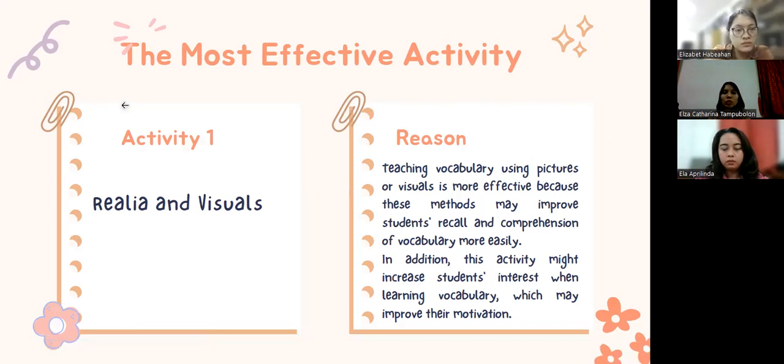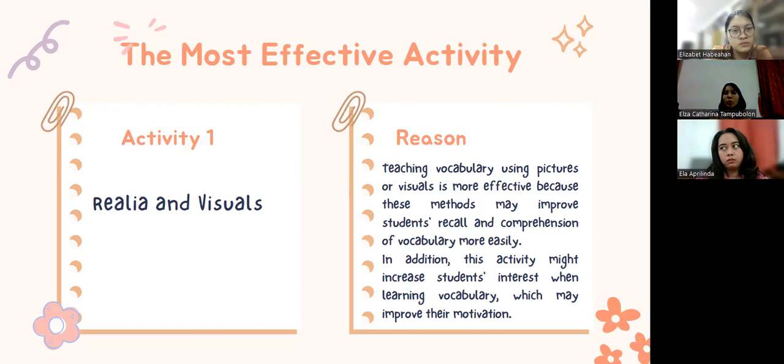So why do we choose the first activity as the most effective activity for teaching vocabulary? The reason is that learning vocabulary using pictures or items helps students understand the material more, and learning using visuals makes students remember the vocabulary taught by the teacher more easily.